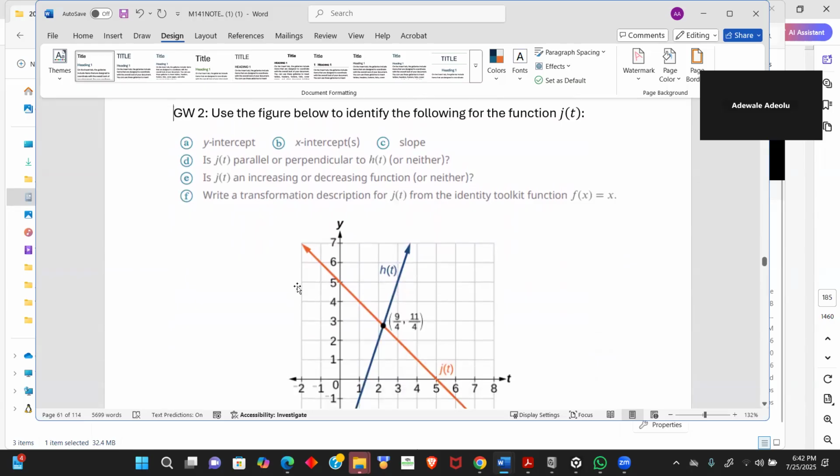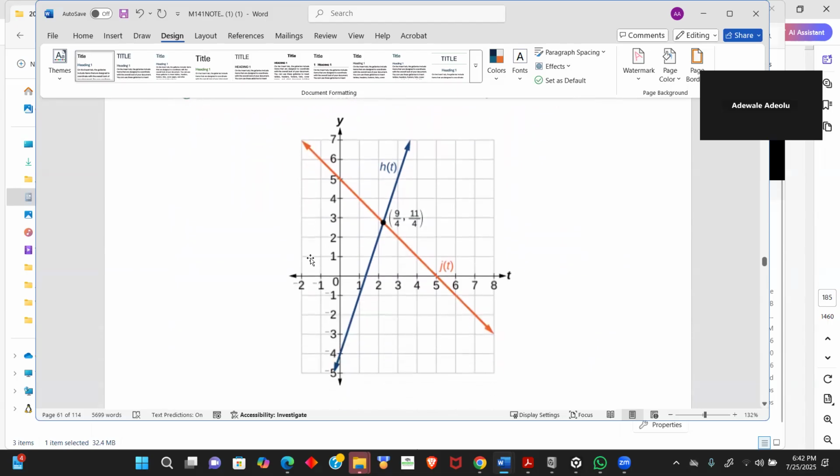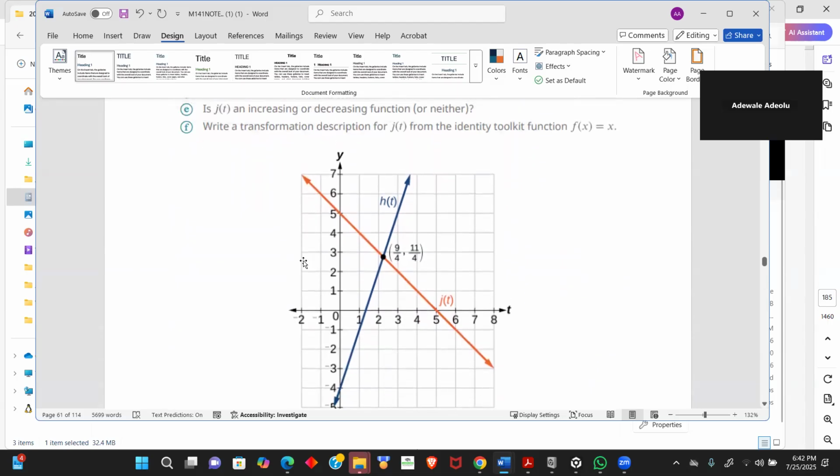Use the figure below to identify the following for the function j of t: y-intercept. The one in orange is j, and the one in blue, I think, is h.